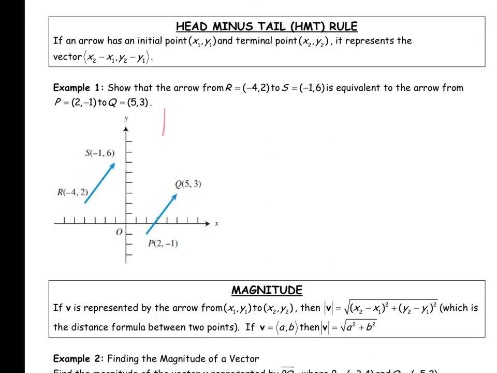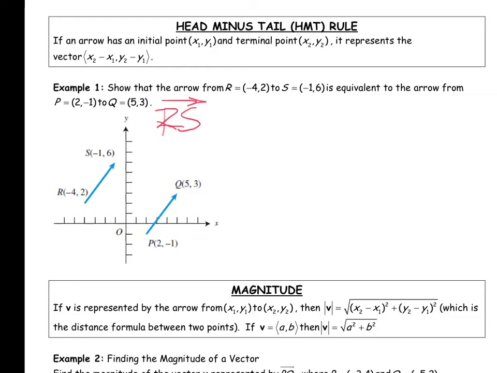Okay, so I want to see if this arrow represented by RS is equivalent to the arrow of PQ. And how we do that is this head minus tail rule.